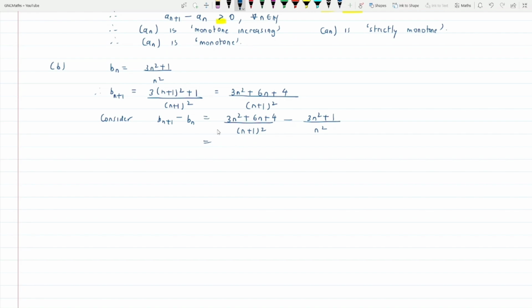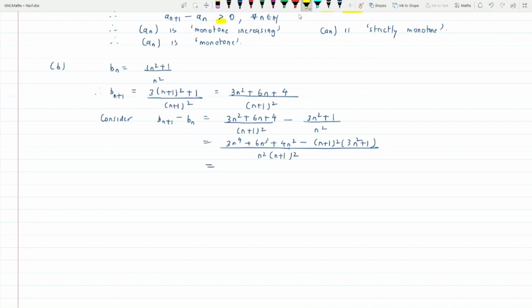Again, taking cross multiplications, we are going to get 3n raised to 4 plus 6n cubed plus 4n squared minus, now we have n plus 1 whole squared times 3n squared plus 1, and in the denominator we are going to have n square into n plus 1 whole square.